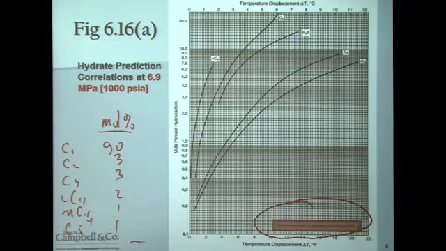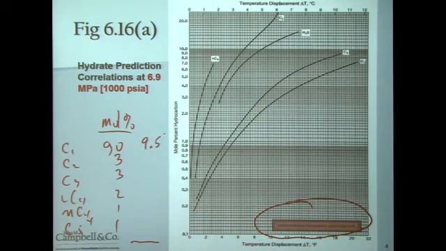So let's start, because we're dealing with 69 bar, and we want to determine the hydrate formation temperature of this mixture. We will start by filling in the table. The methane hydrate formation temperature, which is given in the lower right-hand box, is 9.5 degrees Celsius.